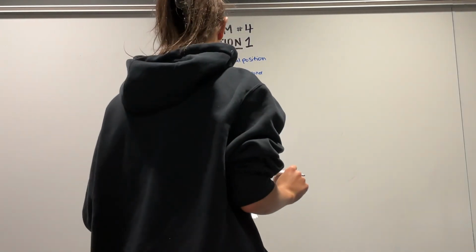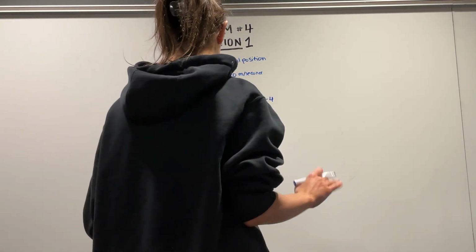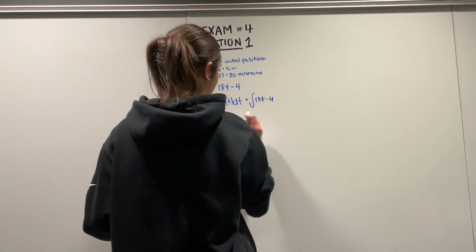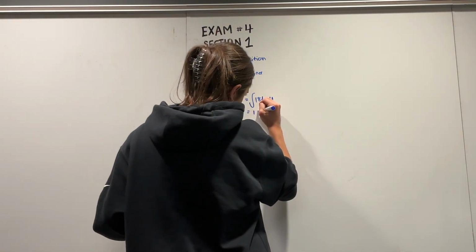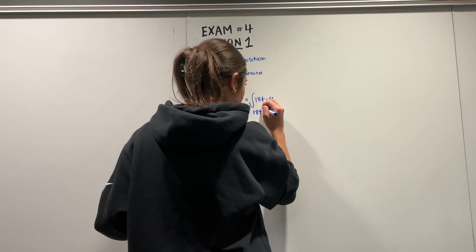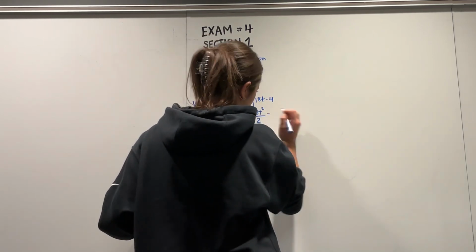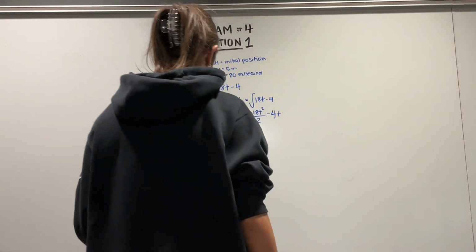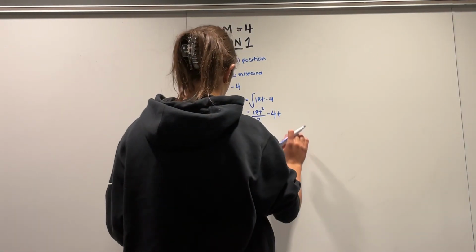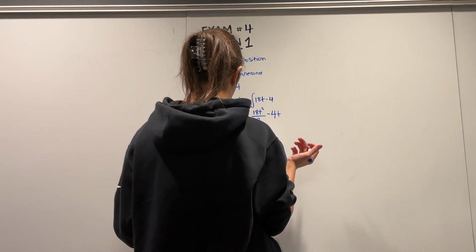And then finding this antiderivative isn't too bad. It would be 18t squared over 2, and then it will be minus 4t, and then we'll do a plus c because we have an unknown value.